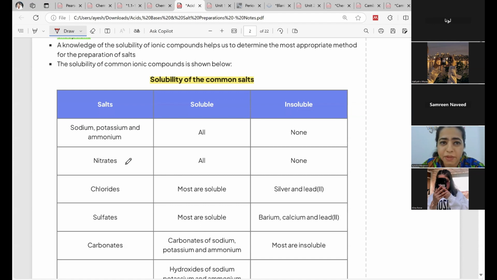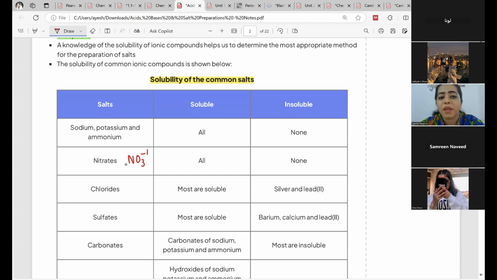How much negative? -3 on nitrate? Wait, hold on. Think about it. NO3 -1, perfect. It is NO3 with just -1 charge. So it can just make a bond with the positive metal. So all the nitrate salts which have NO3 -1 inside are going to be soluble. Not a single one is going to be insoluble.